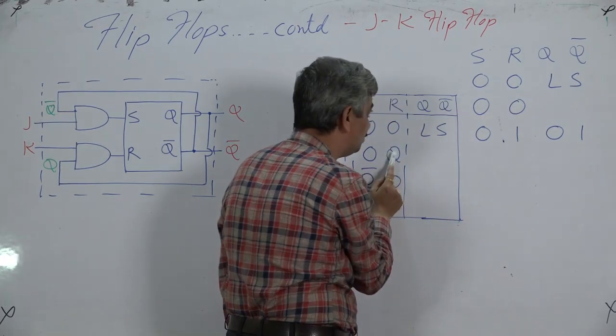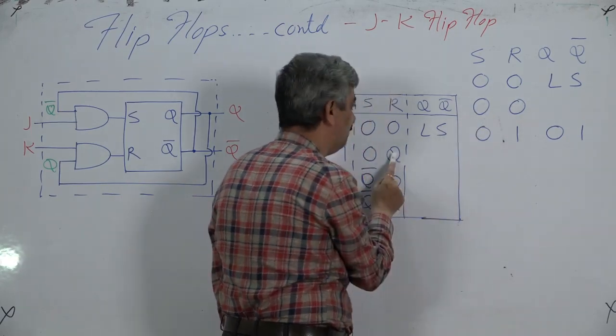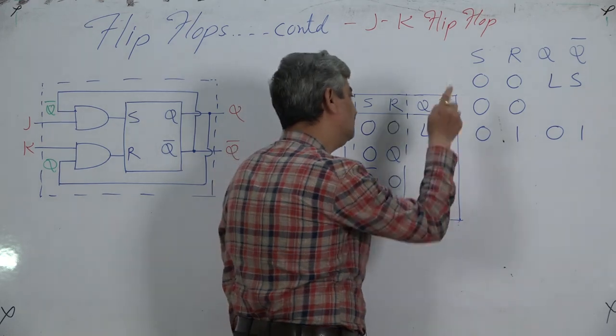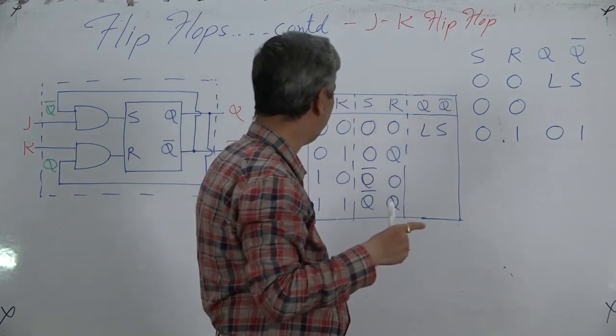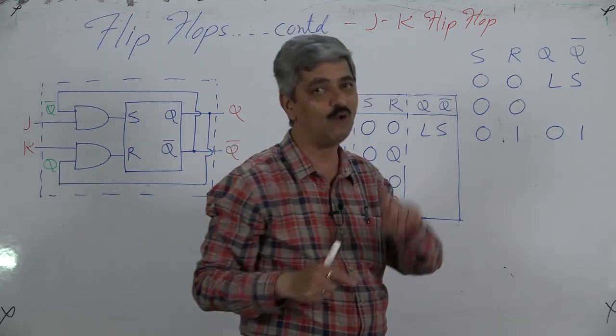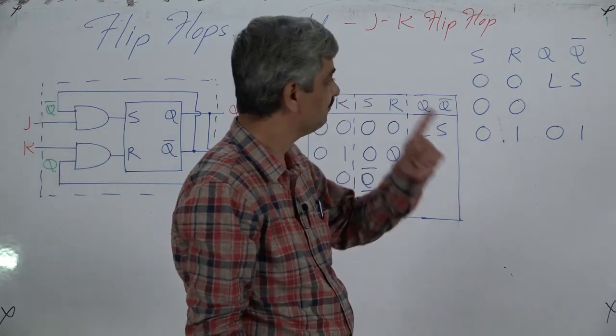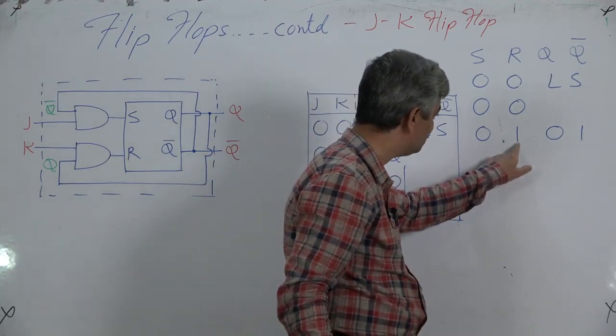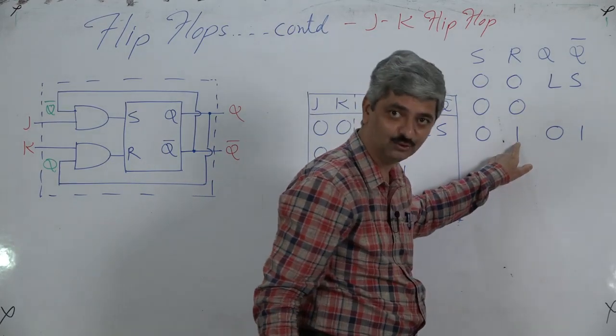If Q is 0, it becomes 0, 0. If Q is 1, it becomes 0, 1. If Q is 1, then for J and K as 0, 1, Q and Q bar are 1, 0, because as Q is 1, Q bar is 0.